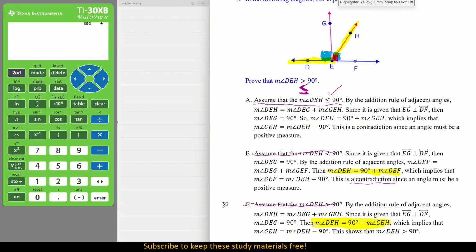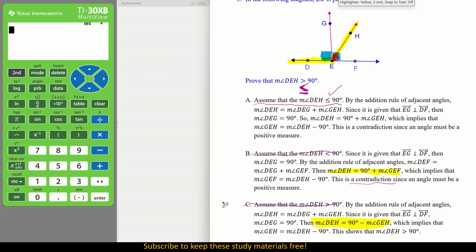So now let's take a look at what A says all the way through. By the addition rule of adjacent angles, the measure of DEH equals the measure of DEG plus the measure of GEH. That is true. I agree. Keep reading. Since it is given that EG is perpendicular to the line DF, and that is true, it's given, then the measure of DEG equals 90.